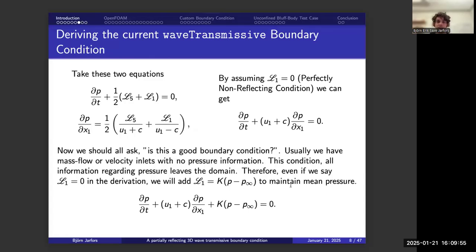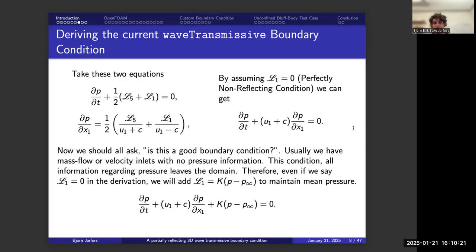And then we obtain this equation here to the right, where we just have the temporal term. We have the speed of propagation, which is based on lambda 5, and then the spatial gradient of the pressure in the x1 direction. Now, what we need to ask here is: is this a good boundary condition?